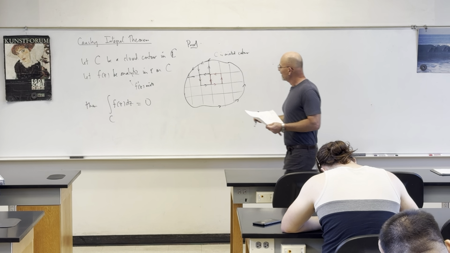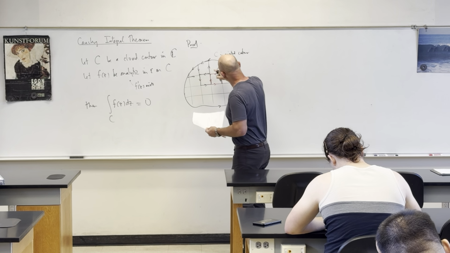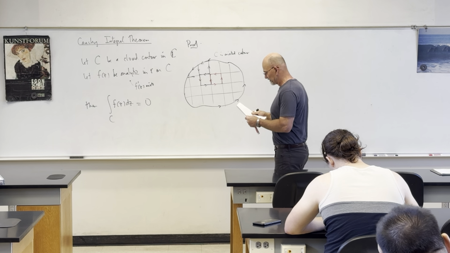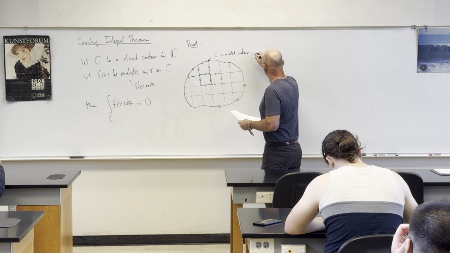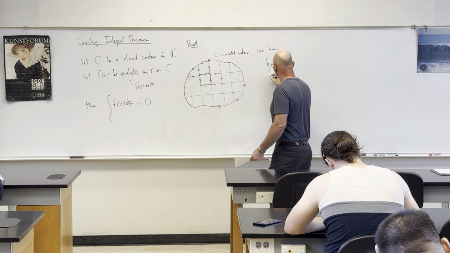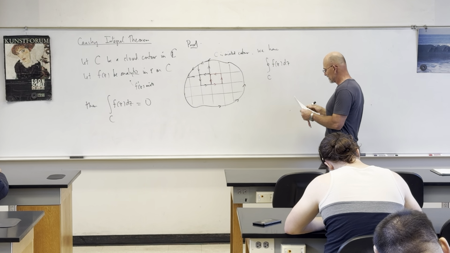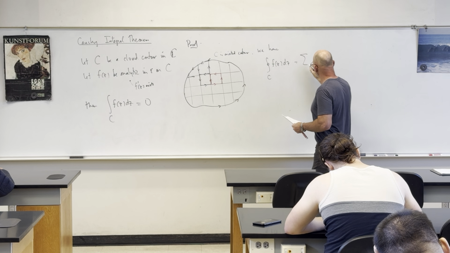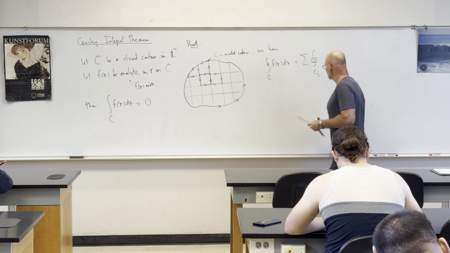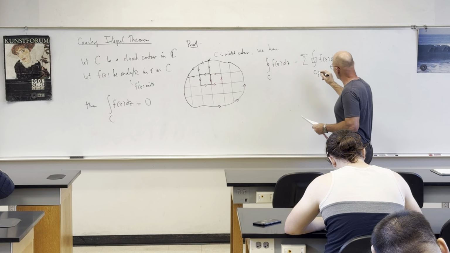What that means is the integral around the outside contour is equal to the sum of integrals around all these boxes. So the integral of f of z dz around the outside contour equals the sum over all j of the integral around C sub j, the box, of f of z dz.